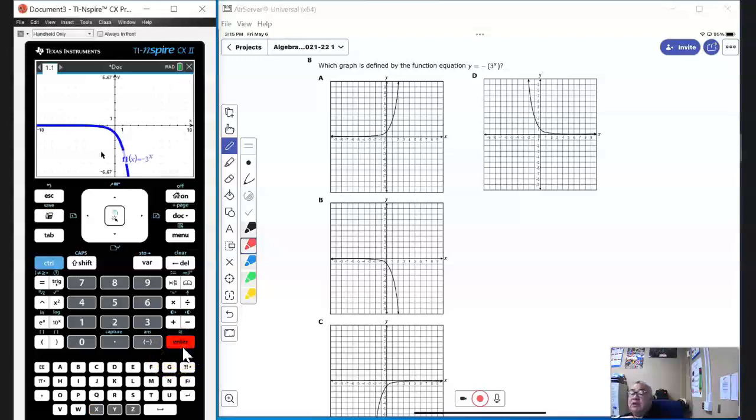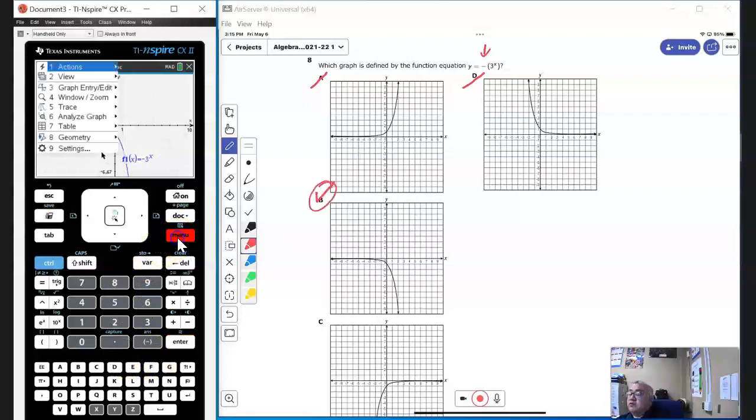By noticing we have a negative, you know that the transformation of the parent function is going to be a reflection over the x-axis. So we know that it won't be A or D since it's not a reflection over the x-axis. So it's going to be B or C, and your answer is B.